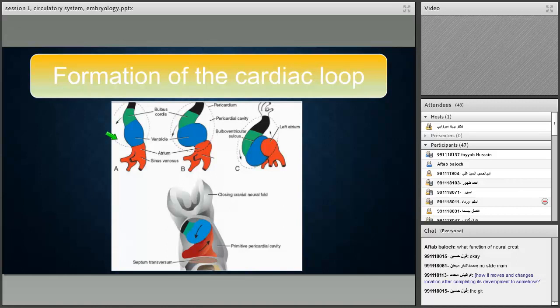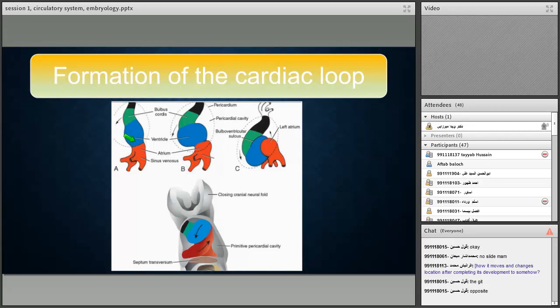But the atrial or the caudal portion, this part, bends or shifts dorsocranially and to the left.